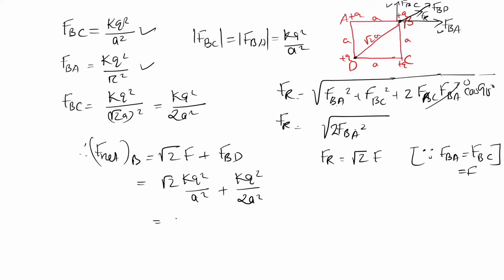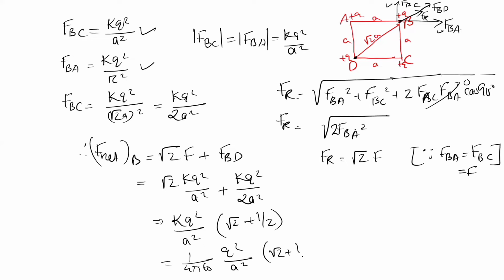So it's simple. You can take kq square by a square common. And in the bracket, if you see here, it is root 2, and plus 1 by 2. Right? It is root 2 plus 1 by 2. Further, you can write k as 1 by 4 pi epsilon naught, q square by a square, root 2 plus 1 by root 2.